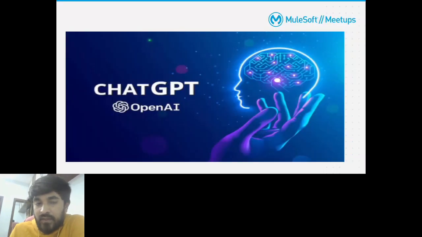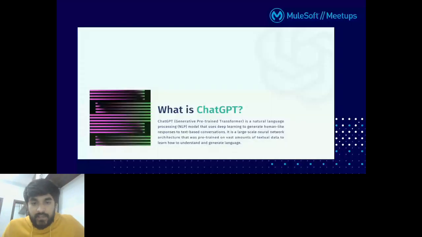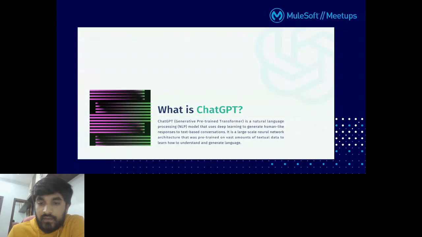And yes, today's topic is ChatGPT. Everyone is interested, and every technology is looking forward to ChatGPT. So what is ChatGPT? ChatGPT is developed by OpenAI. It is a natural language processing model developed with a neural network architecture. It is basically trained with a lot of data available on the internet, using some artificial intelligence technologies.